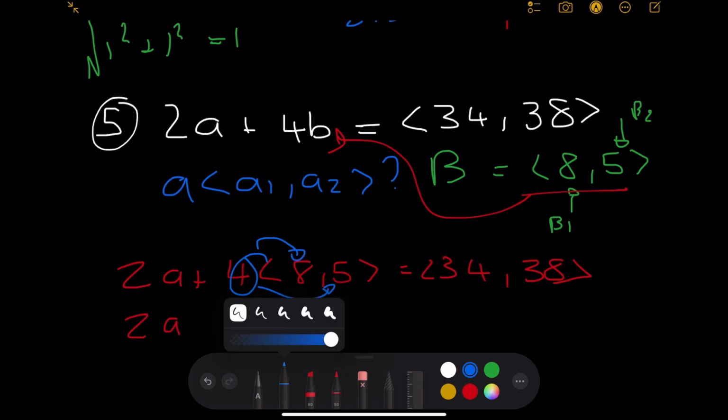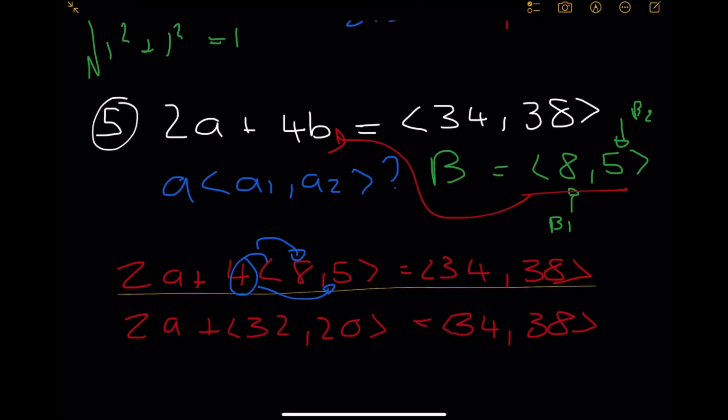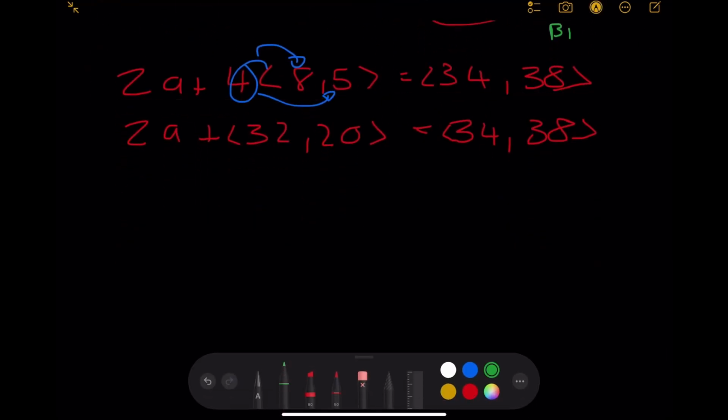So 2a plus 4 times 8 is 32, 4 times 5 is 20, is equal to 34, 38. You would then take this over here and bring it to that side, right?